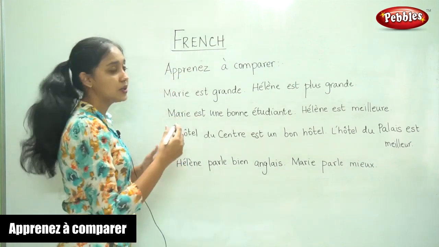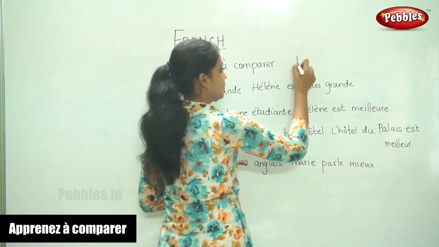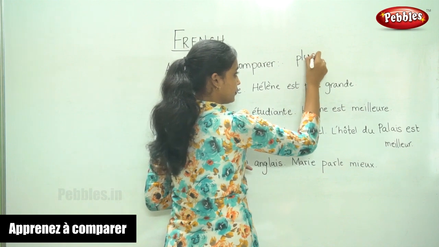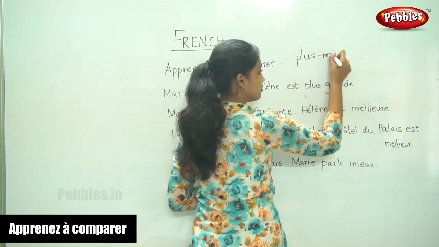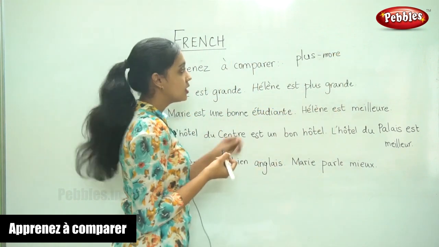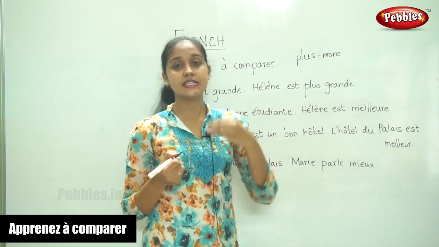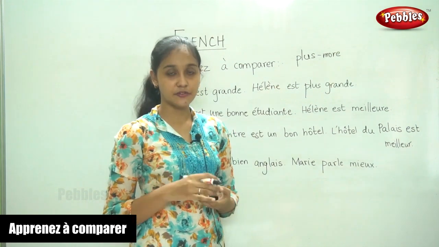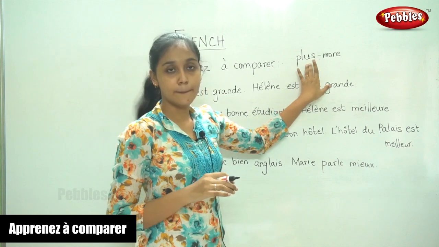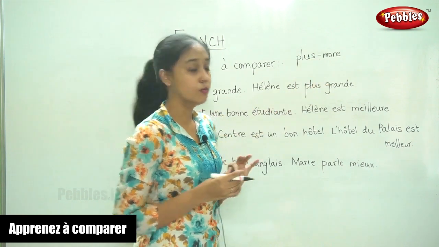So here the words we need to remember is plus. Plus means more. So if you want to say something is better or to a higher level than the particular one we are speaking of, we use plus. Plus means more.